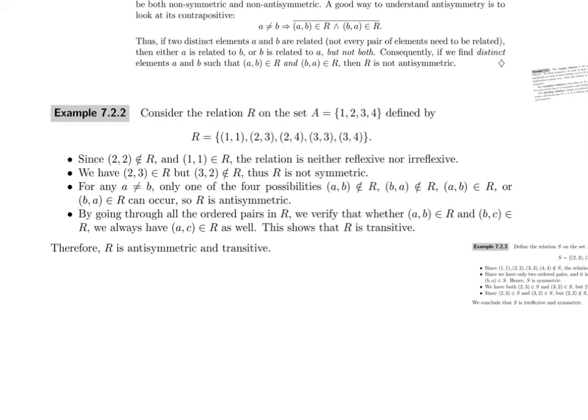But this definition here is being satisfied in an empty way. Remember, the if-then statement that is the definition of transitive will be true if the premise is false. Remember the truth table for implication.